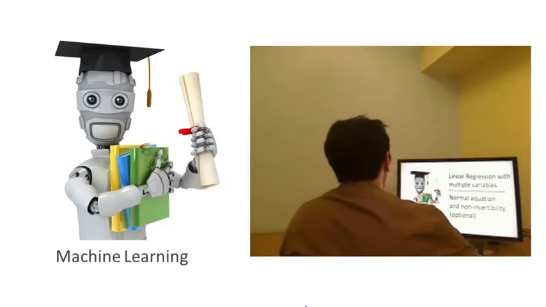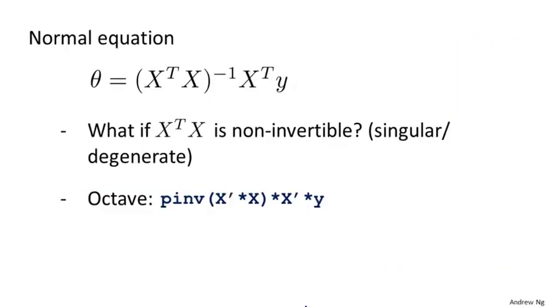Here's the issue. For those of you that are somewhat more familiar with linear algebra, what some students have asked me is, when computing theta equals (X transpose X) inverse X transpose y, what if the matrix X transpose X is non-invertible? So for those of you that know a bit more linear algebra, you may know that only some matrices are invertible and some matrices do not have an inverse.